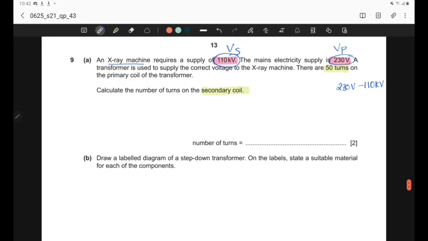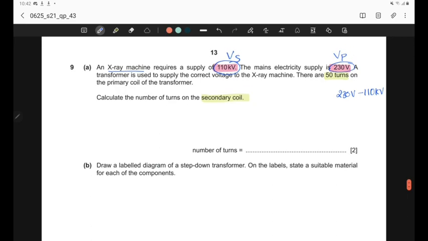The number of turns in the primary, Np, is given, and we need to calculate Ns, the number of turns at the secondary. Here we can use the equation Ns by Np is equal to Vs by Vp.